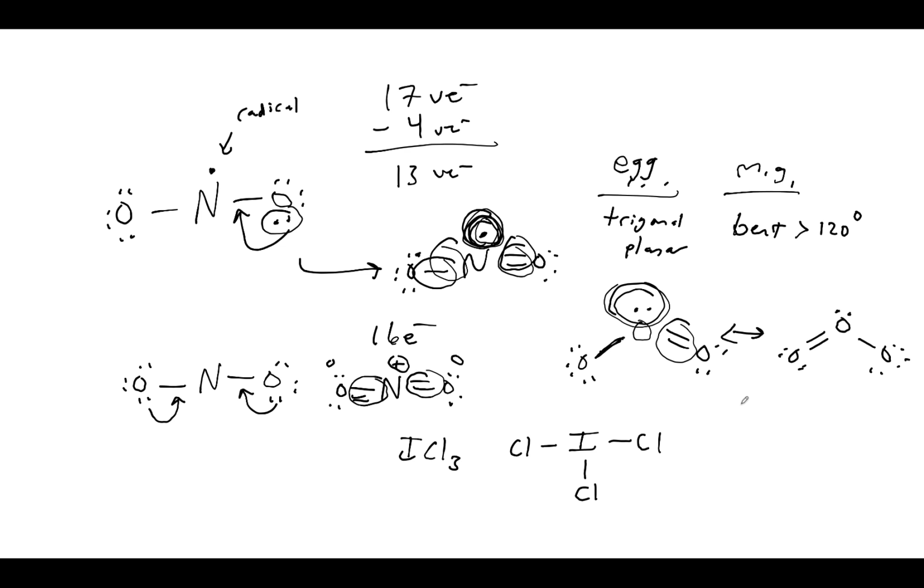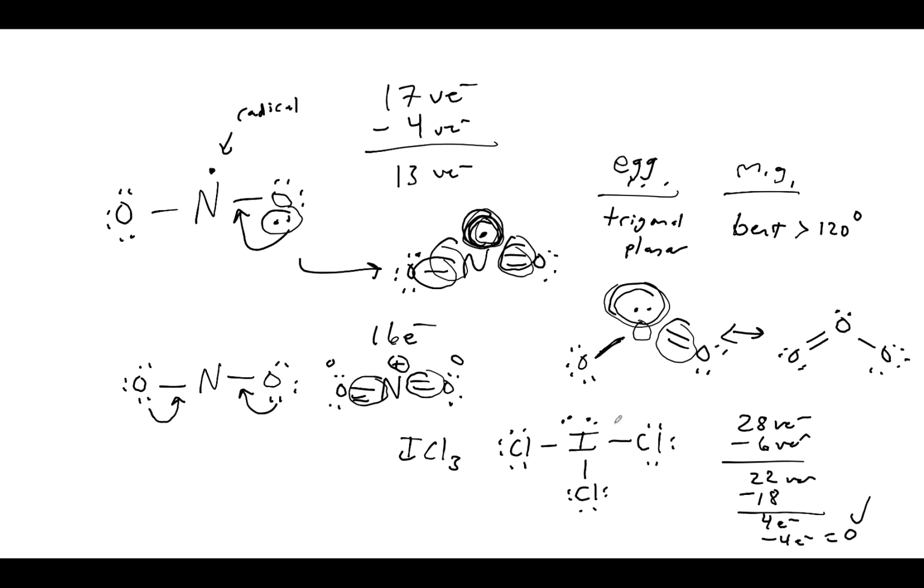It's 7 times 4, 28 electrons. Oh, yes, 28 electrons. I can count, I promise. 28 valence electrons. So we've accounted for 6 here so far, so we've got 22 valence electrons left to account for. Let's populate them. 1, 2, 3, 4, 5, 6, 7, 8, 9, 10, 11, 12, 13, 14, 15, 16, 17, 18. So that's 18 electrons, and we now have 4 left to account for. We have no choice but to put those over here, those 4 electrons, and we're good. We've accounted for all the electrons.